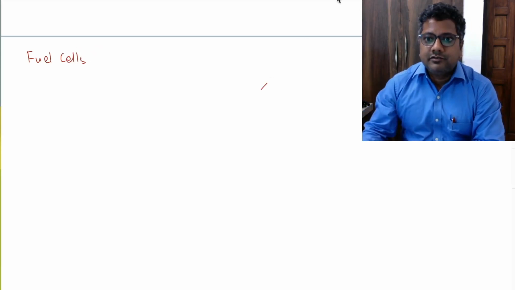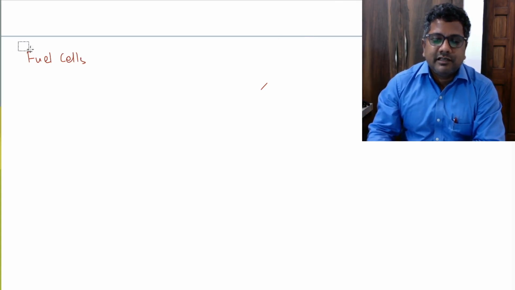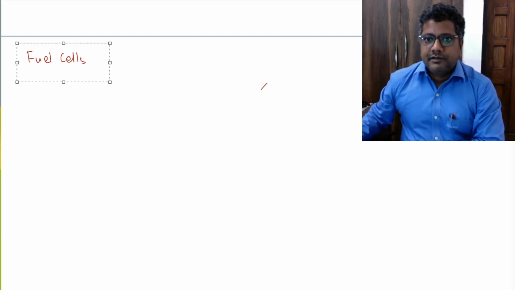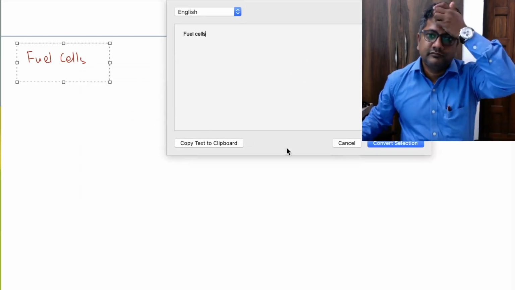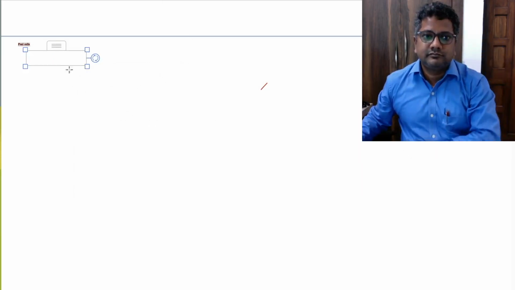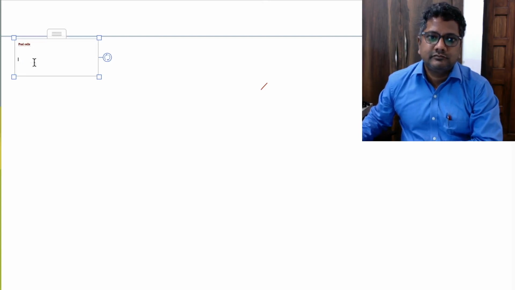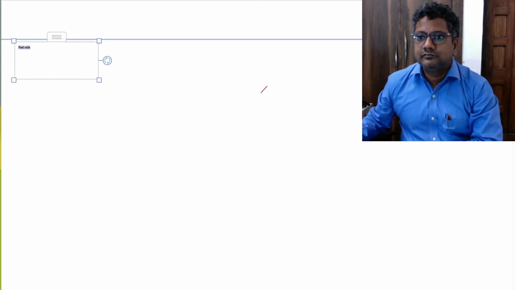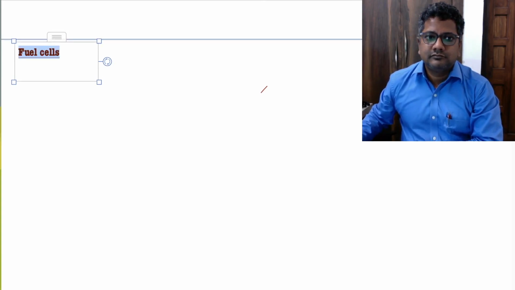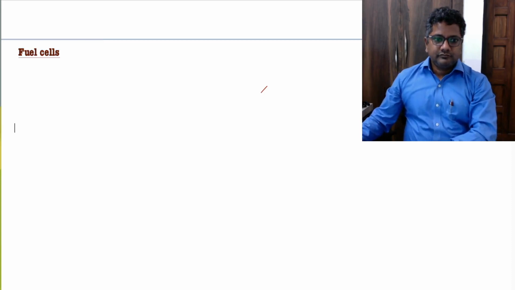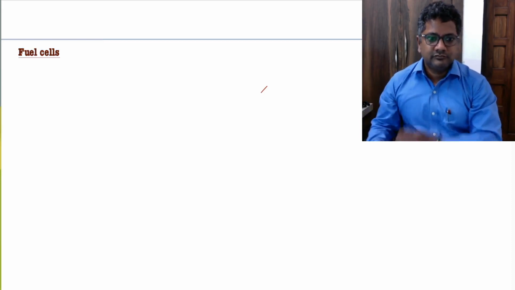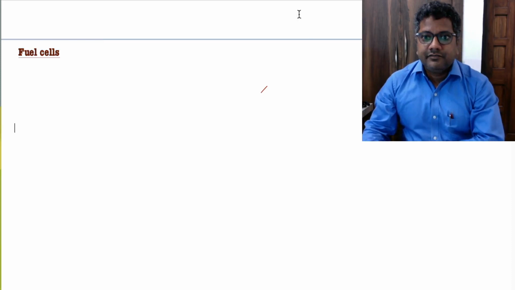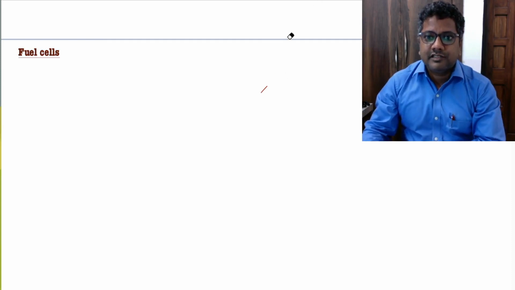So fuel cells basically, see, various varieties of fuel cells are used.